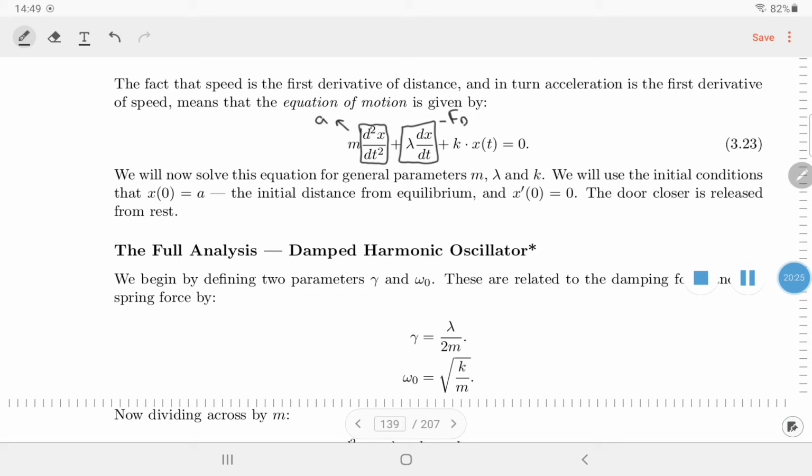So you do mass times acceleration is equal to the sum of the forces. On the right hand side, you'd have the damping force plus the spring force, and they both have a negative in them. So when you add those things to both sides, that's why they become plus over here as such.